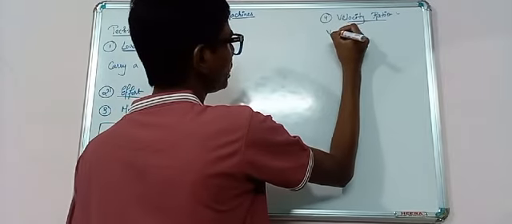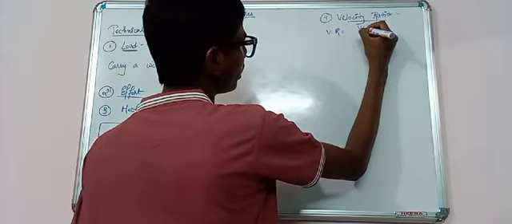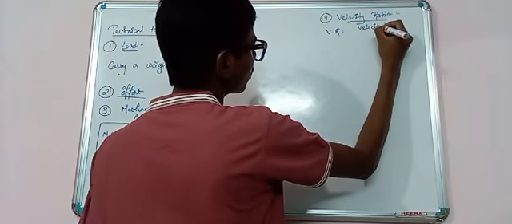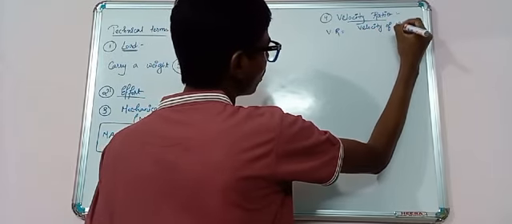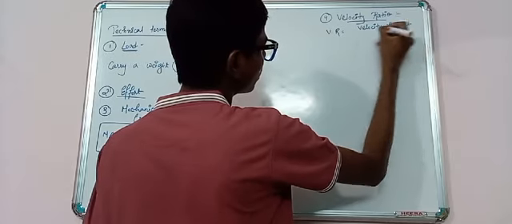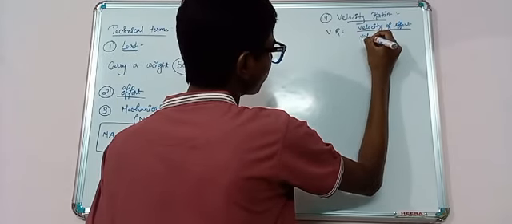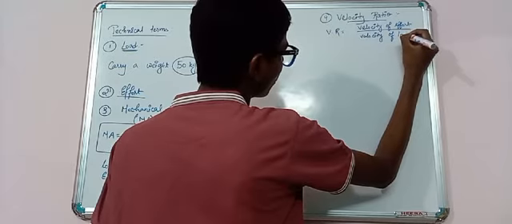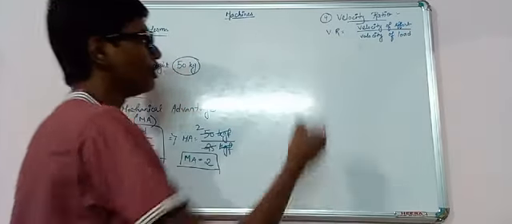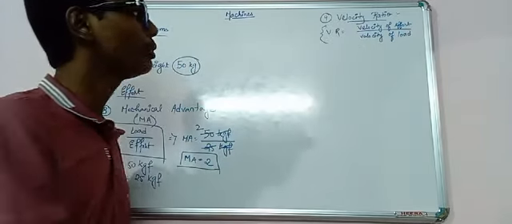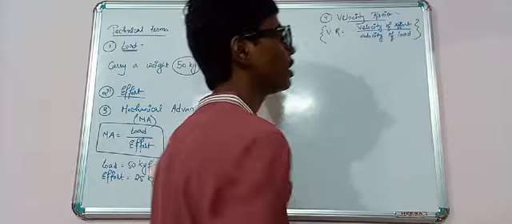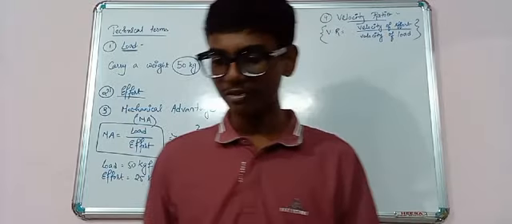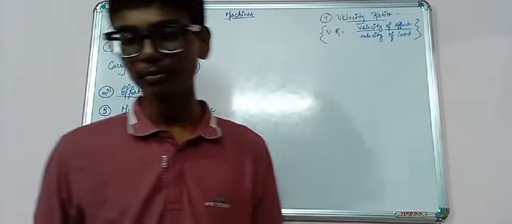Velocity ratio VR is velocity of effort by velocity of load. This is the basic formula of velocity ratio.